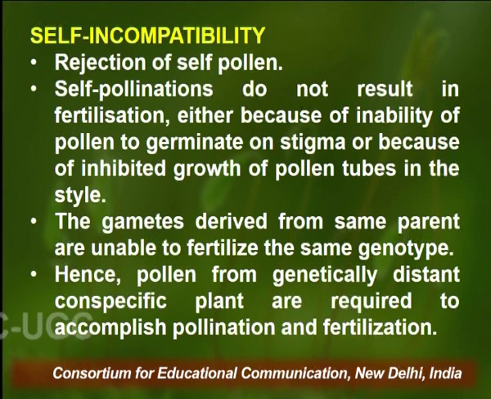Either it could be because of inability of pollen to germinate on self stigma, or sometimes the pollen tube gets inhibited while it is passing through the style. The gametes which are derived from the same parent are unable to fertilize the same genotype. Hence, pollen from genetically distant conspecific plants are required to accomplish pollination and fertilization, as self-pollinations fail in these cases.